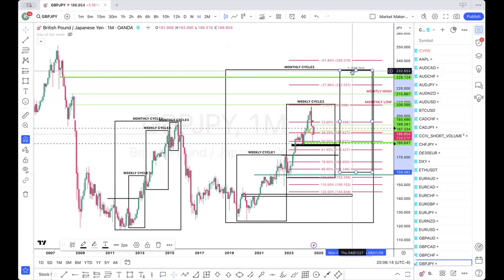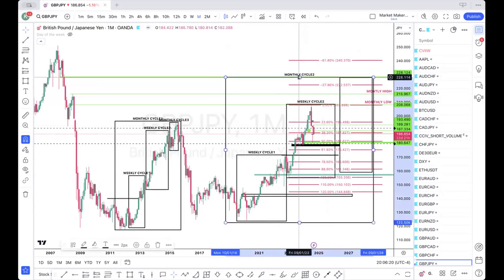And how far that's going to go, don't know. I'm just putting it here at this green line. Of course, we have the negative 27 of this push up. So we're expecting price to pull back, like I said, possibly to the negative 27.